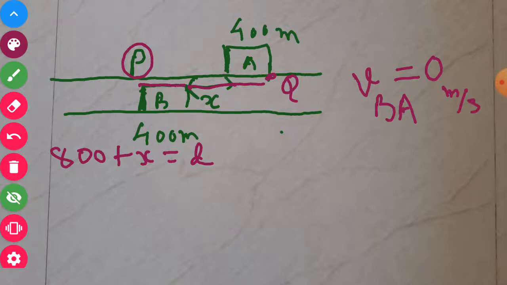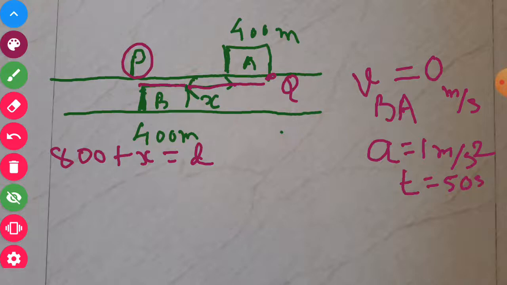Then the driver of B is producing an acceleration of 1 meter per second square, and the time in which P reaches Q is 50 seconds.